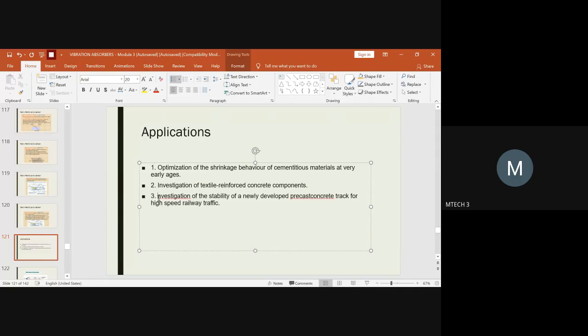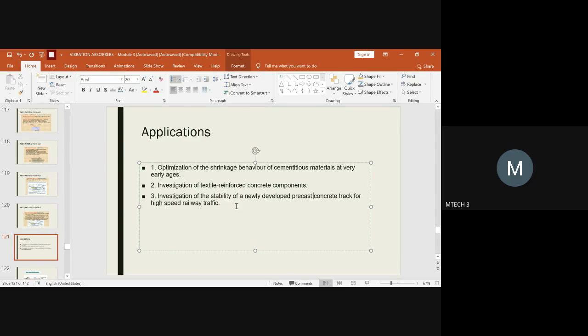And lastly, it could also be used for investigation of the stability of newly developed precast concrete track for high speed railway traffic.